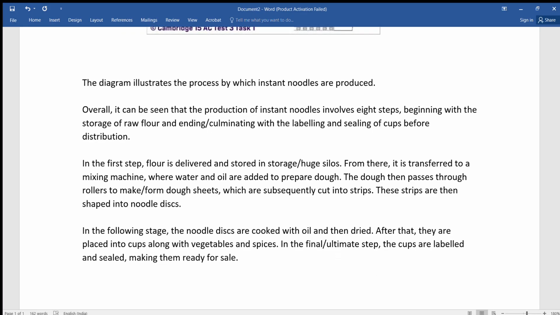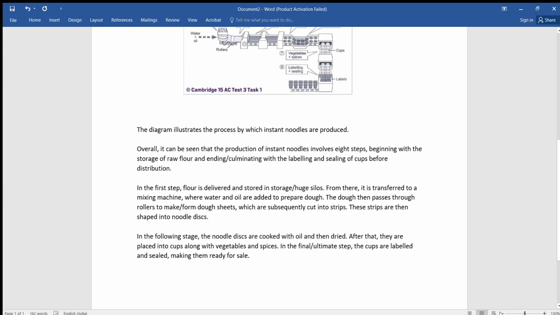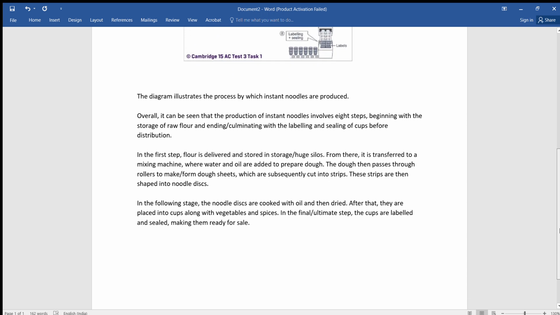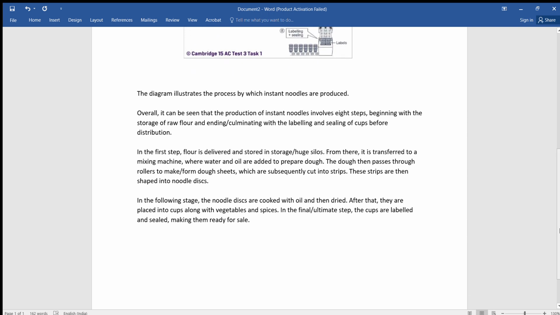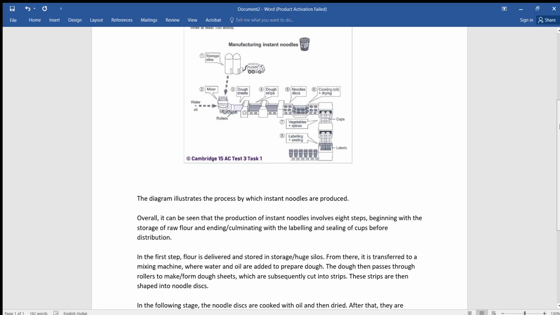Okay, now I'll share some of the connectors that you can use basically in a process chart. So this is actually between 6.5 to 7 bands. Okay, as we have used lots of connectors and we used passive form, we didn't do repetition, so these kinds of things lead this task to 7 bands.